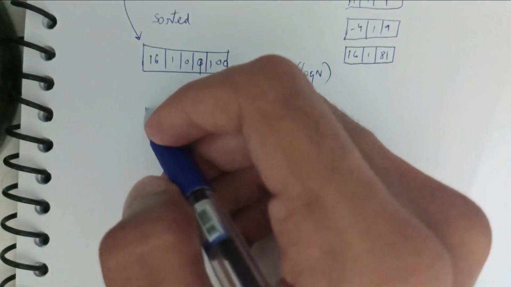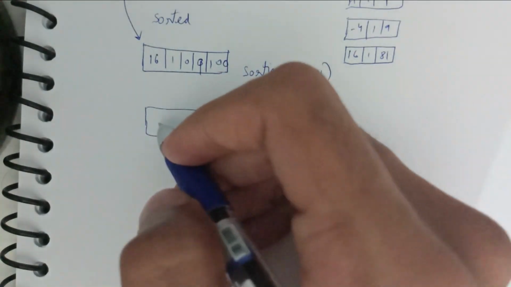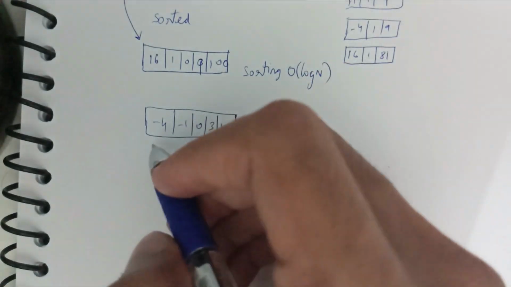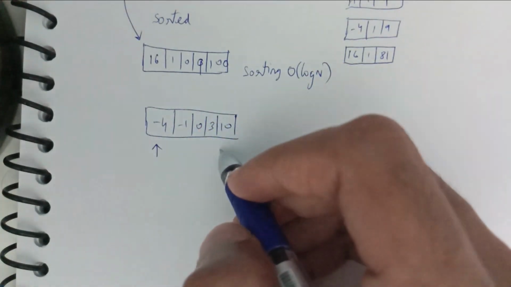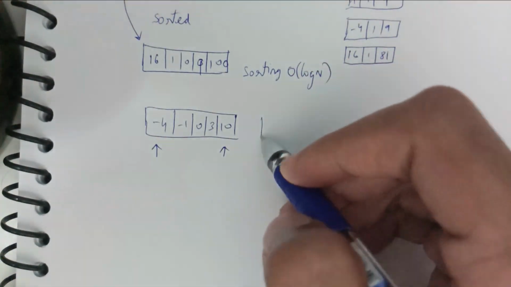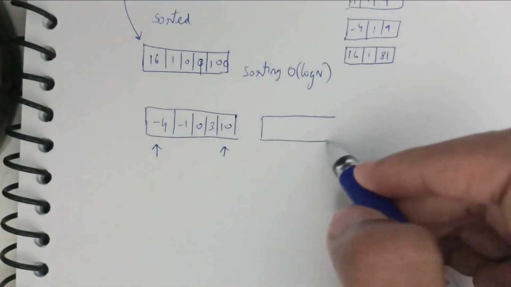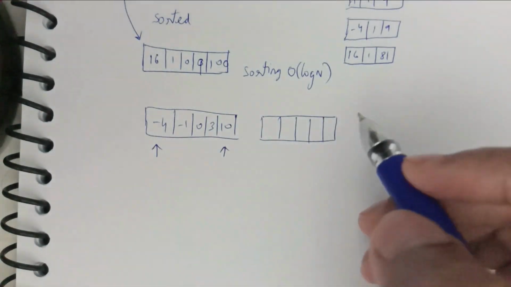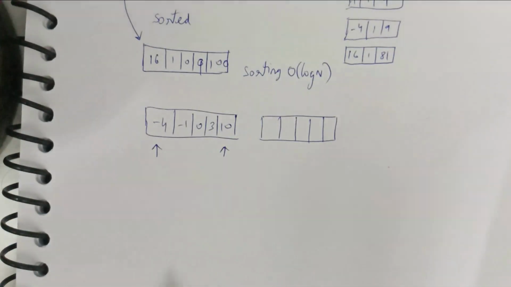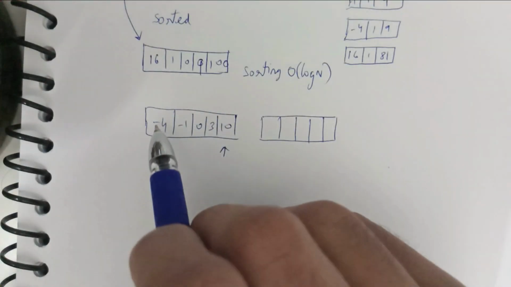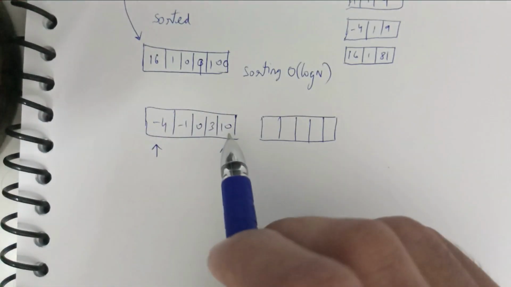So let's take the original array, which is -4 -1 0 3 and 10, and we take two pointers, one at the beginning and one at the end. We create one more empty array of the same size. Now we compare these two, but we compare the absolute values, whichever is greater.